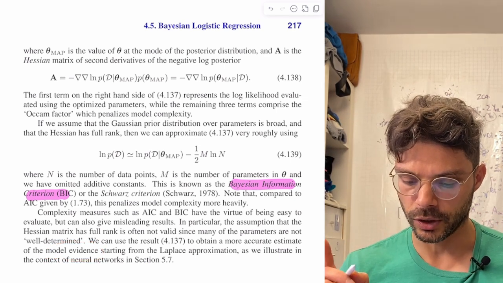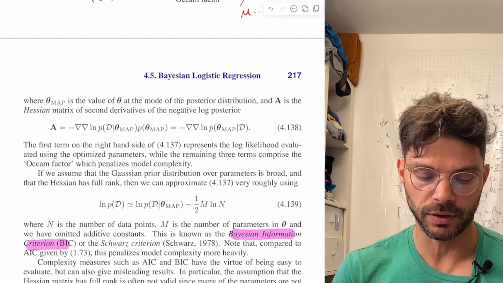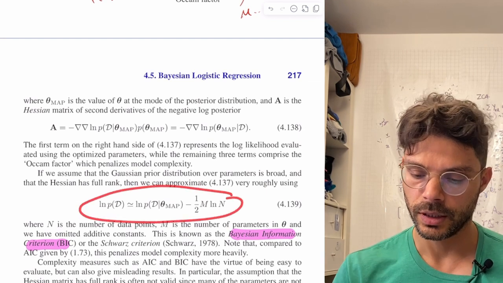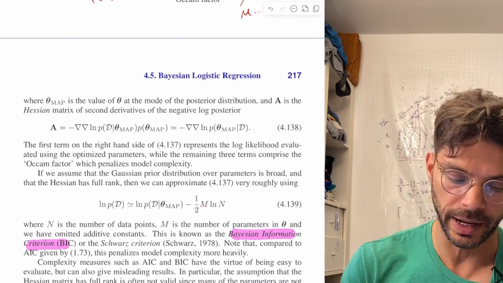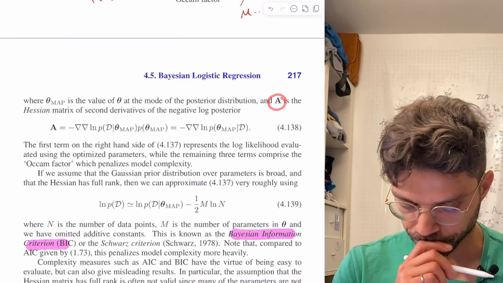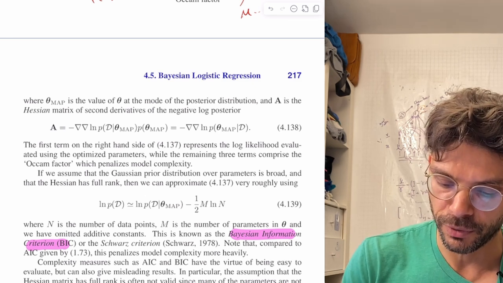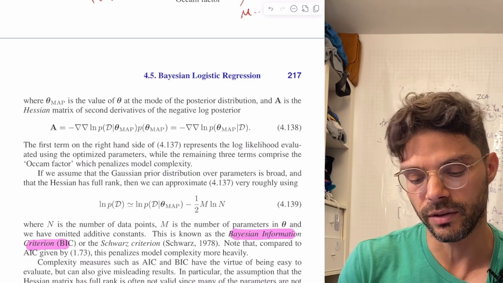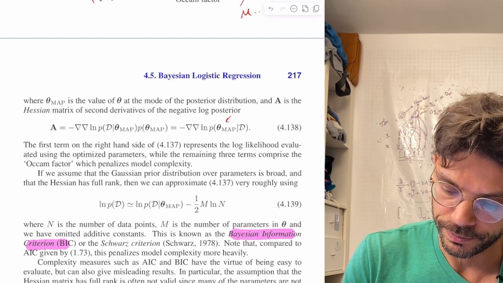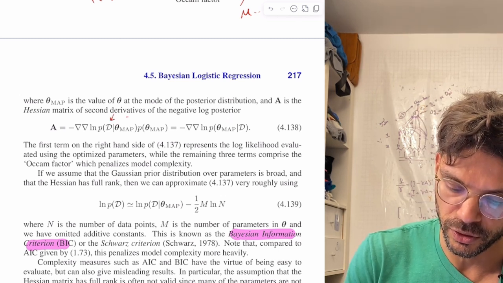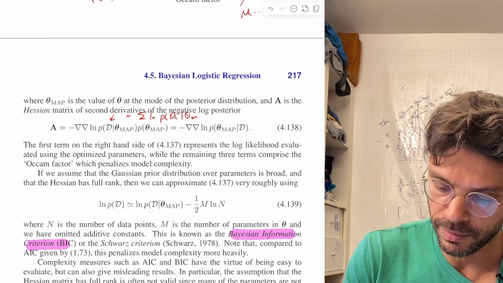One thing I just wanted to mention here is, what is this going to look like? There's actually a good exercise, I think it's 4.23, on showing this. But basically the idea is, where does this m ln n come from? That's going to come from A. If we assume that these data points are independent, then this whole thing is going to be equal to the sum of ln p of d_i given theta MAP.